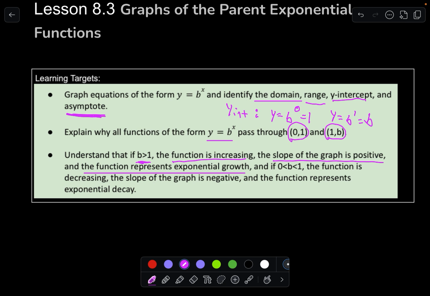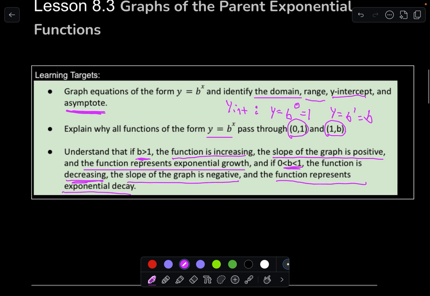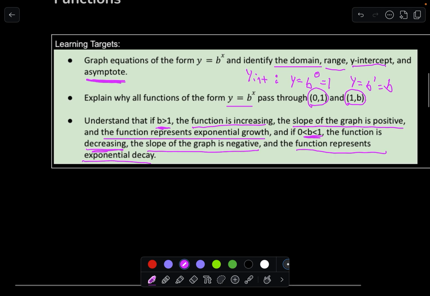So if b is less than 1, the function is decreasing. The slope of the graph is negative. That's tied to the fact that the function's decreasing. And the function represents exponential decay. We're going to get into what the graphs of those look like. They all have the same overall shape.